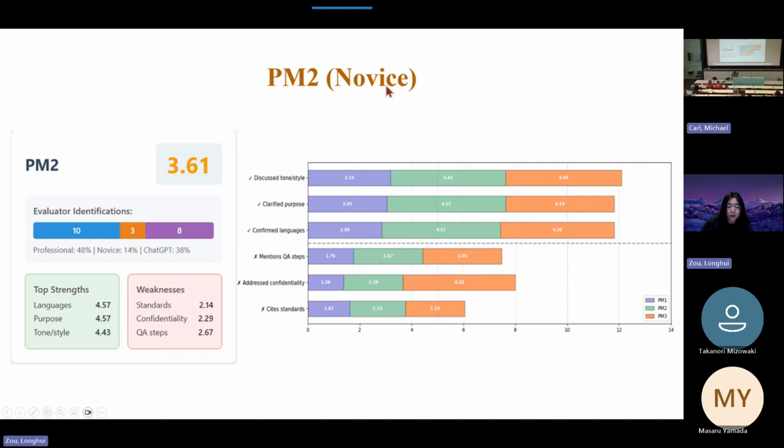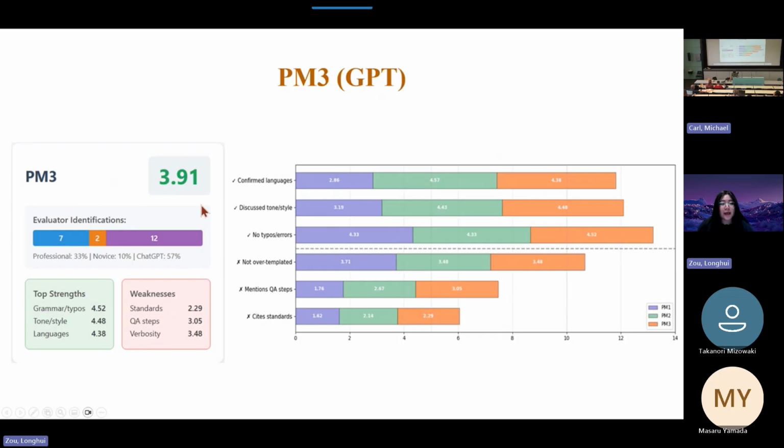PM2, which is the novice, had the same weak spot as PM1: confidentiality and the standard, but to a lesser degree. Students also gave a low score for PM2, the novice, on mentioning proofreading and the QA steps, on average 2.67 out of our 5 points. And the last one, the GPT, actually got the highest score.